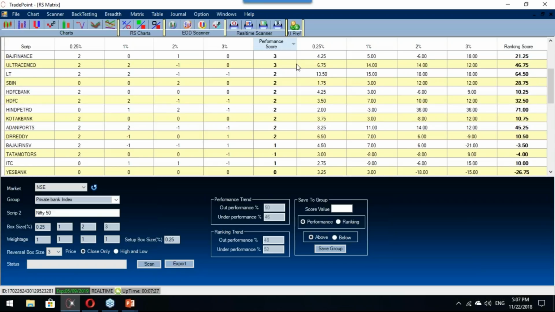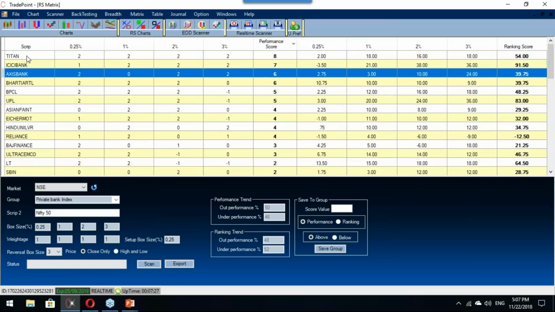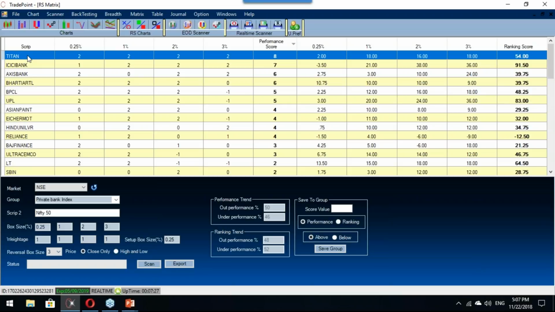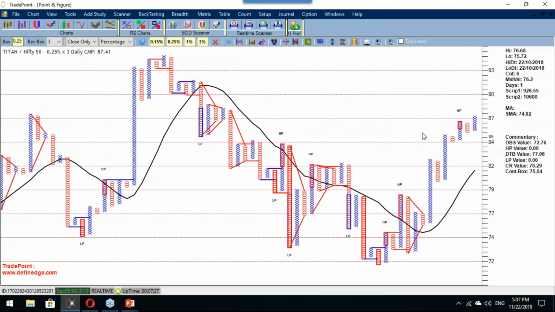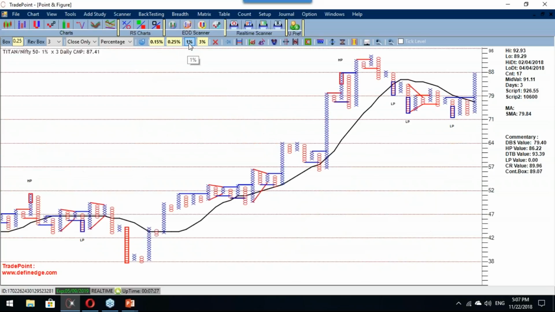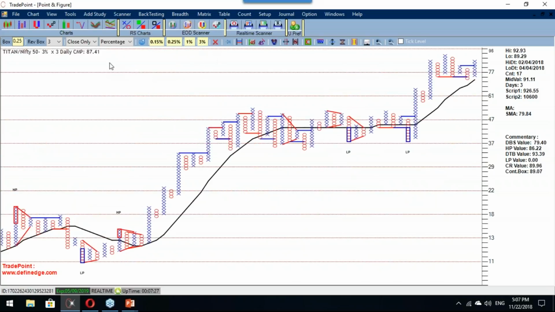So we can again sort it in descending order. And if you look at it, Titan is the best performing company because it has the maximum score of 8, which basically means that it is in a buy signal and in a column of X across all box sizes. So 0.2, 1%, 3%, and 2%.